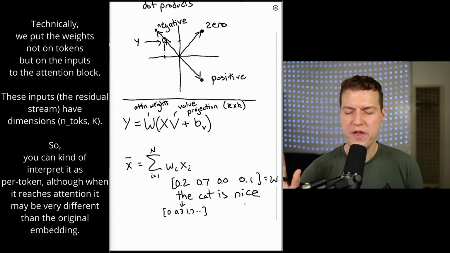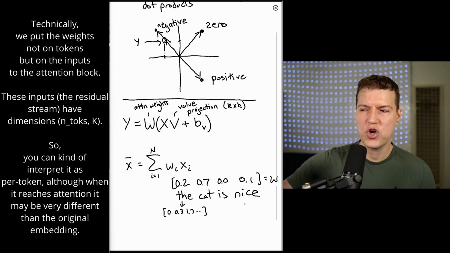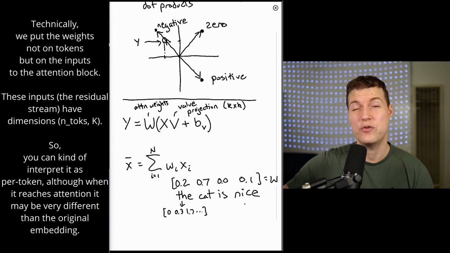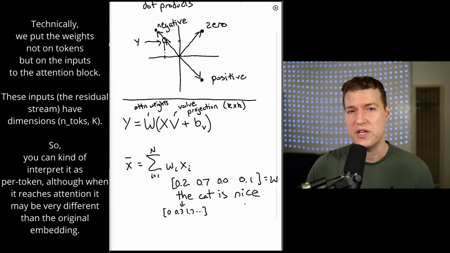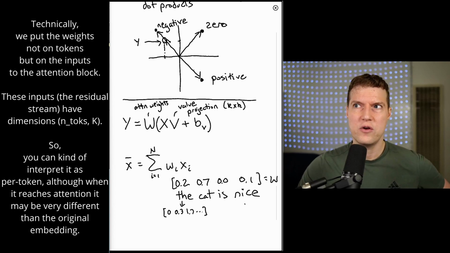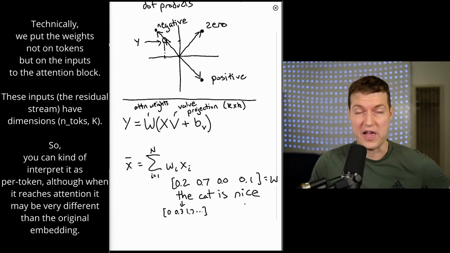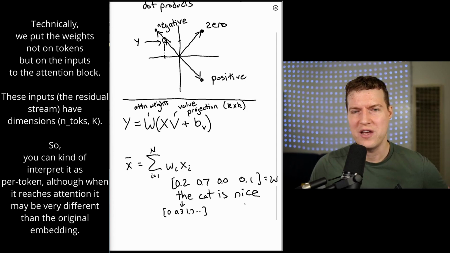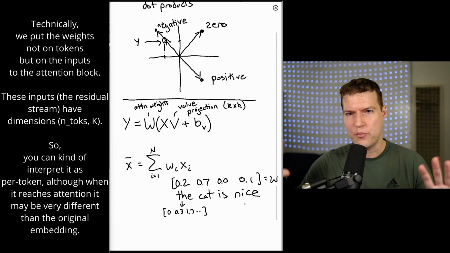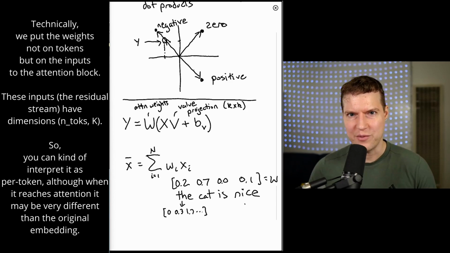One thing to note: when I say tokens, I mean the residual stream, the input to the attention block. They're only directly associated with tokens in the very first layer. After the first layer, they could be scratch work, or the input to the attention block could be a complex transform of the input tokens.